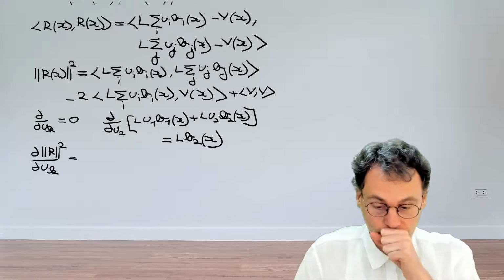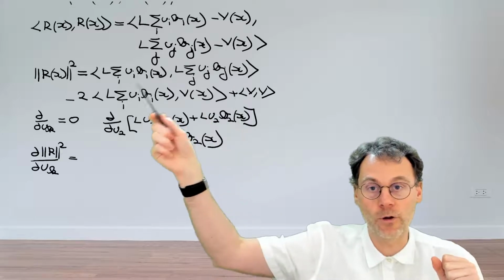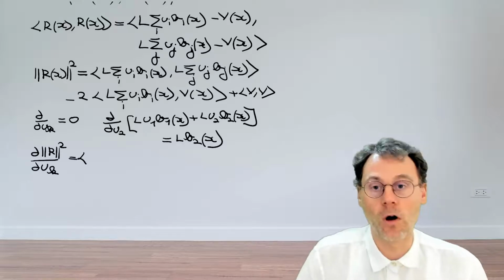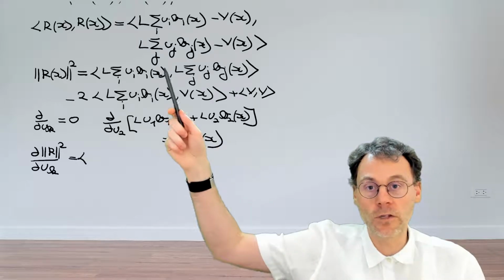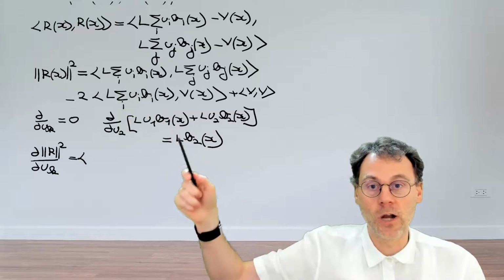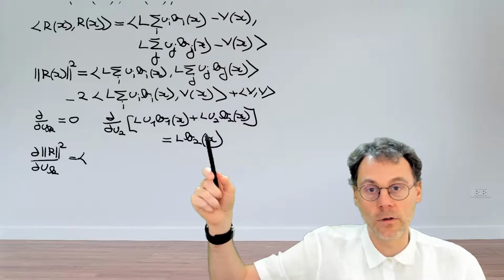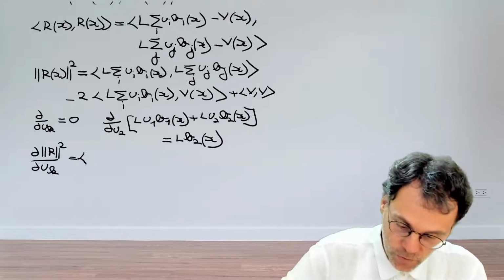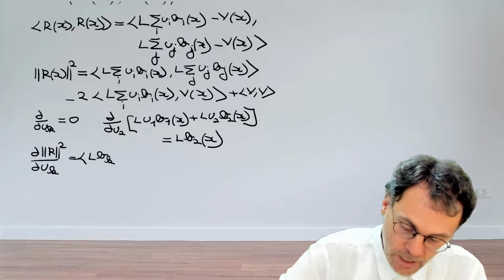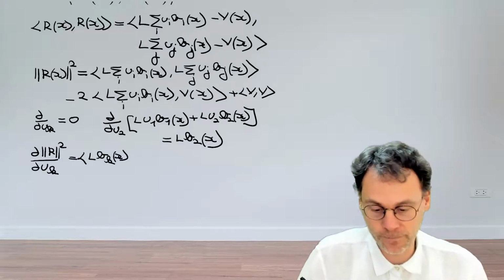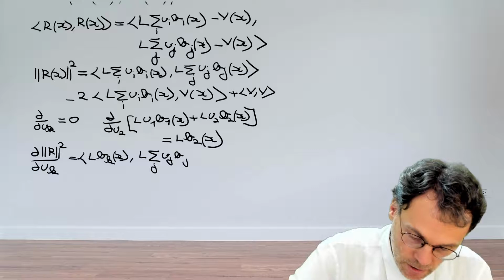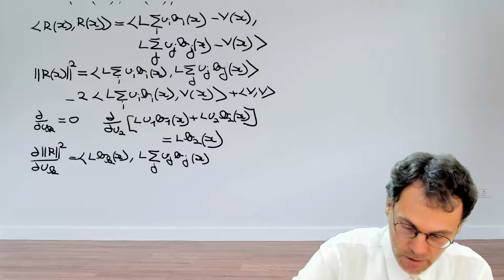So for our first term, we have a product here. So we can use the product rule to first calculate the derivative of the first factor. The first factor is this sum here. If we generalize what we have here from the value 2 to an arbitrary value k, that just tells us that we should have L b_k(x) here. And then we copy the second factor, sum over j of u_j b_j(x).